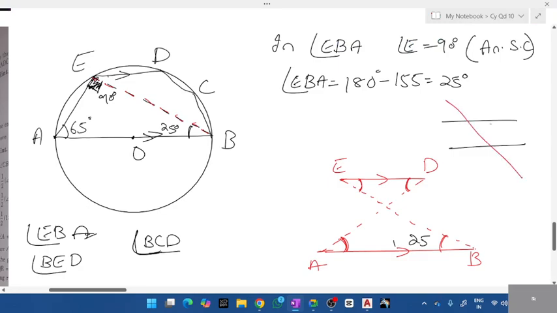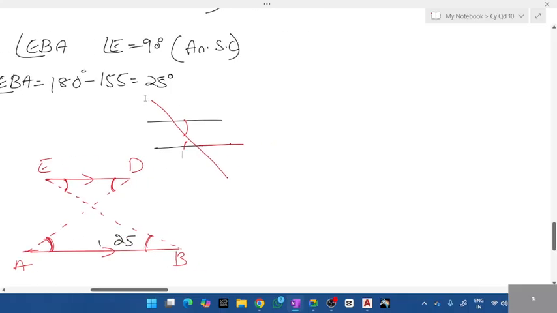Look at this. Last question, another 5 minutes, we'll complete. Interior alternate angles.